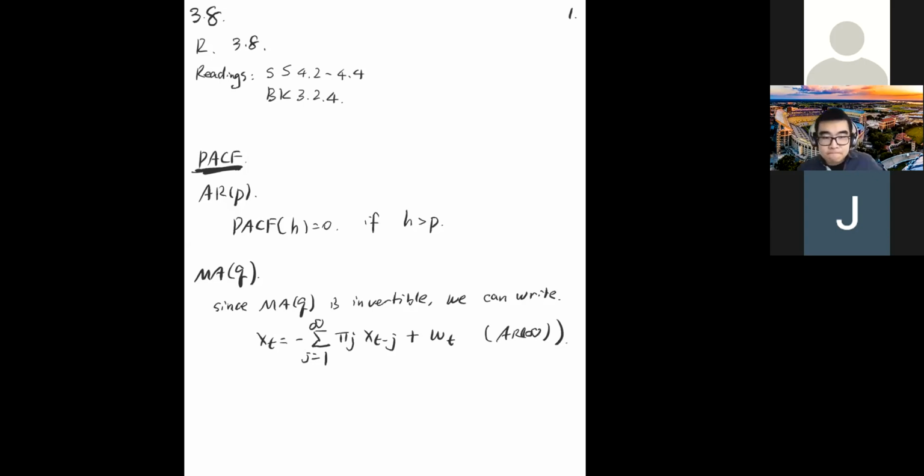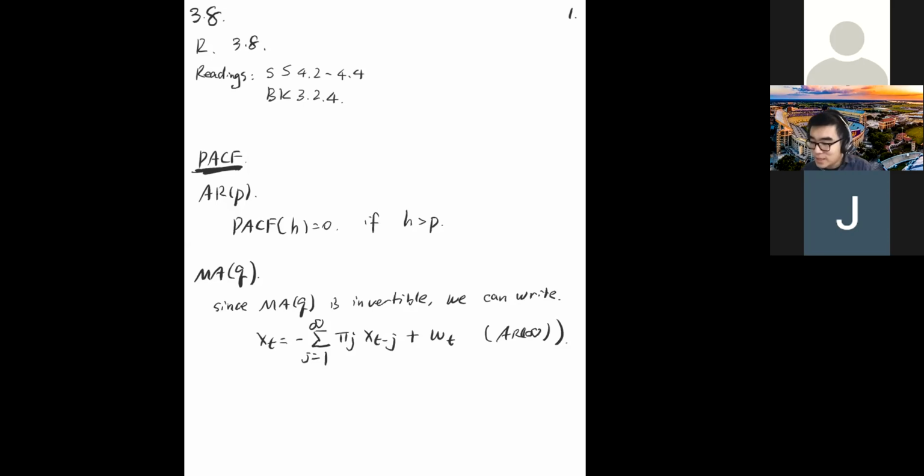You can see that invertibility comes in again. It's a very useful property, and it helps us a lot. In your analysis, you need to check that your ARMA model is causal and invertible. Otherwise, all we do here about the ACF and the PACF is not correct.